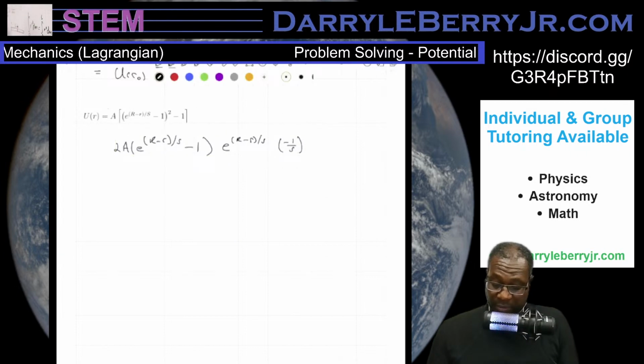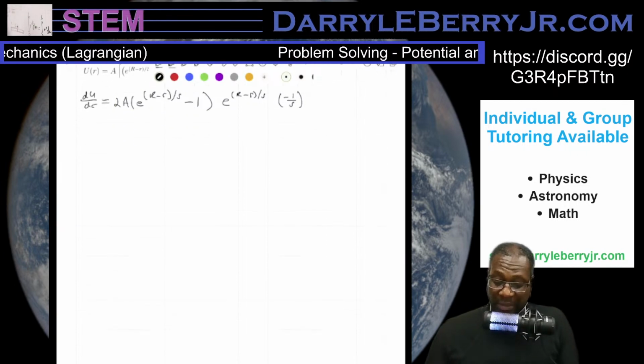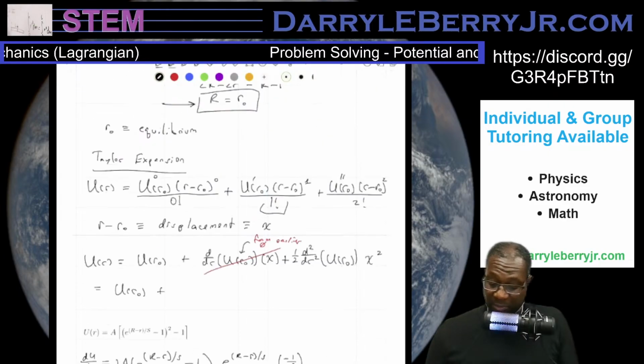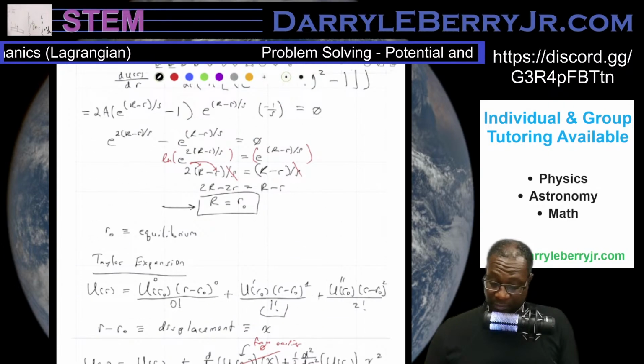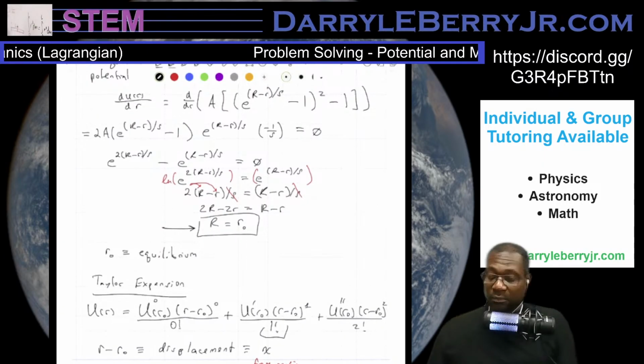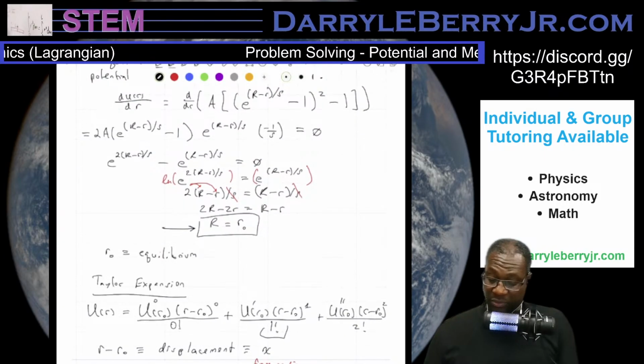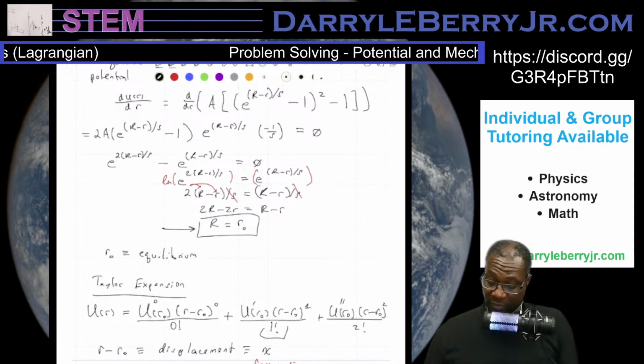So this is du over dr. So that means that, maybe I should simplify this a bit. Just check and make sure I didn't change anything too much. That, the inside.